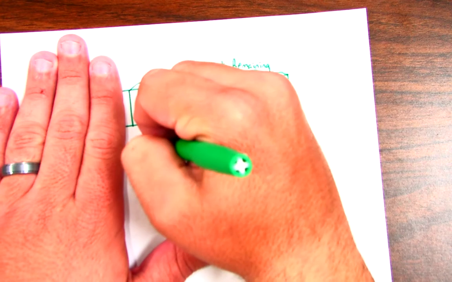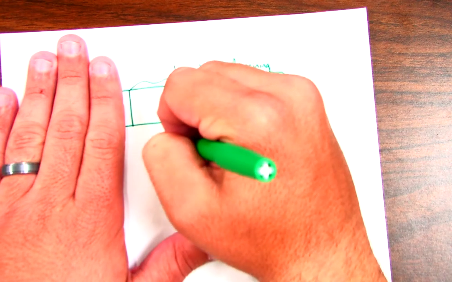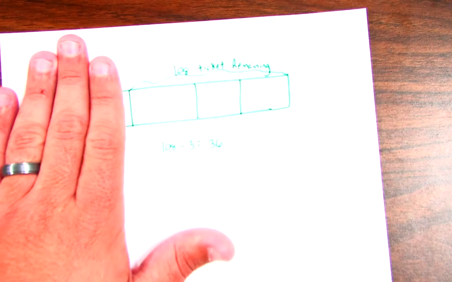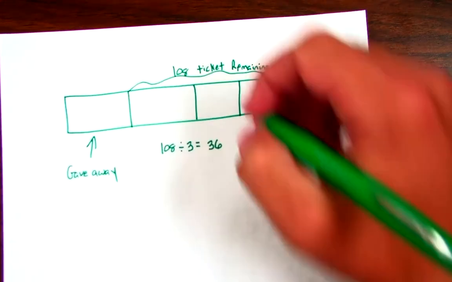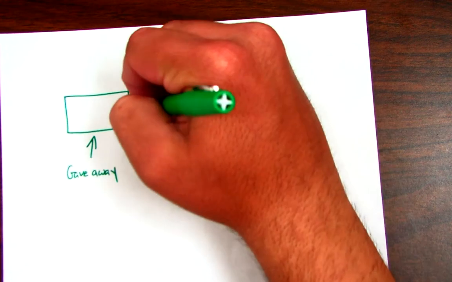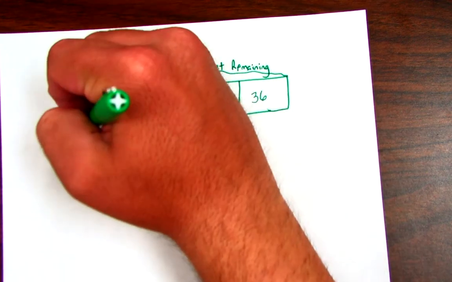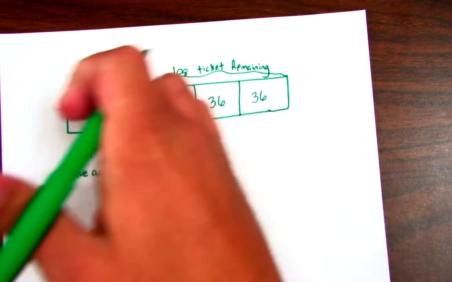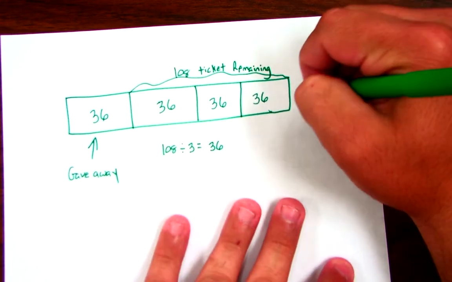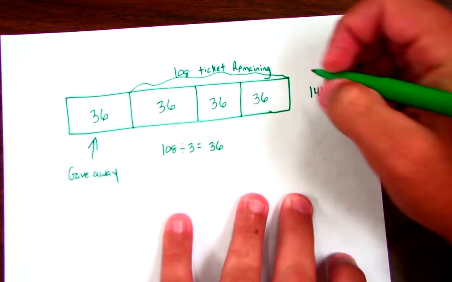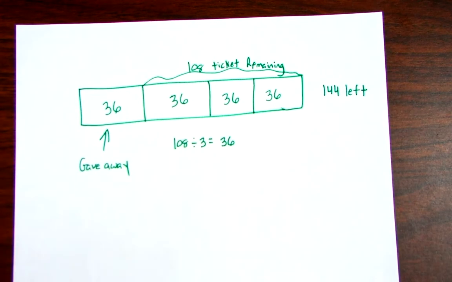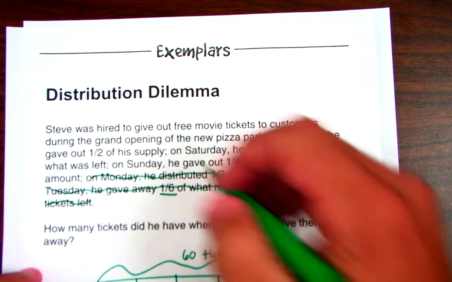So 108 divided by 3 gives you 36. So there are 36 in each box. If you add it all up, how many tickets did he have before that? He had 144 tickets. Okay, so now we're done with the Sunday.